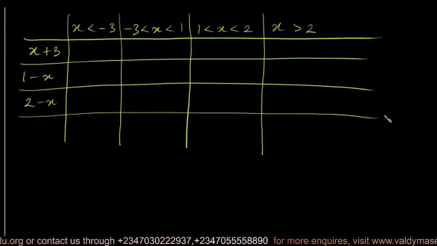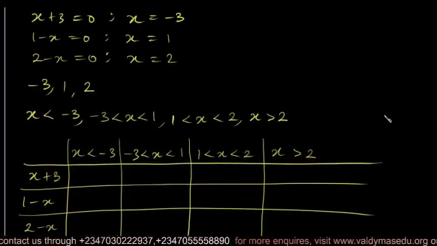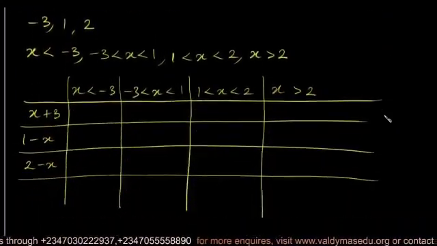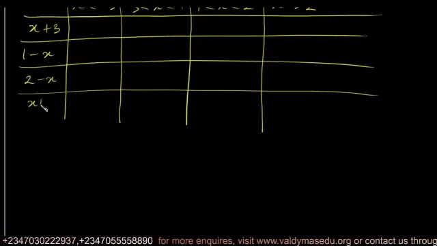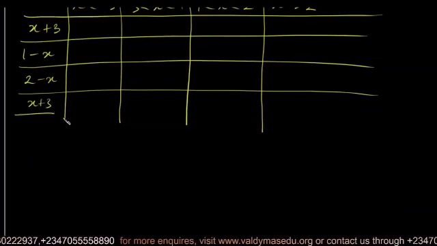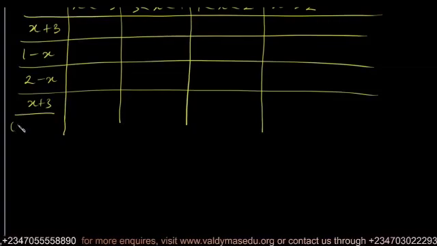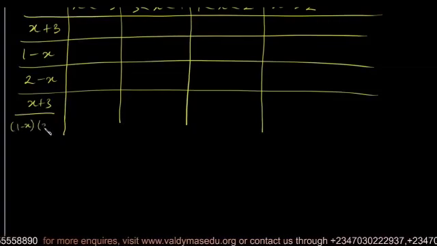Then we have the whole expression altogether, which is x plus 3 over 1 minus x, 2 minus x.